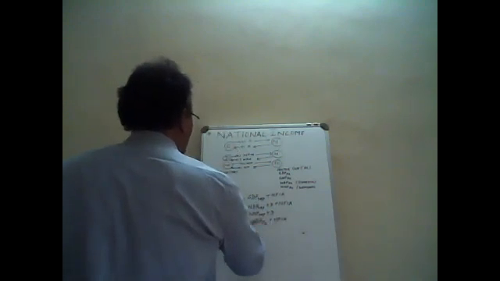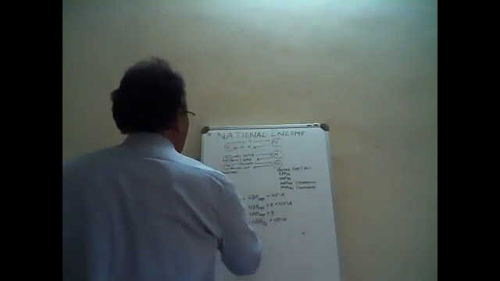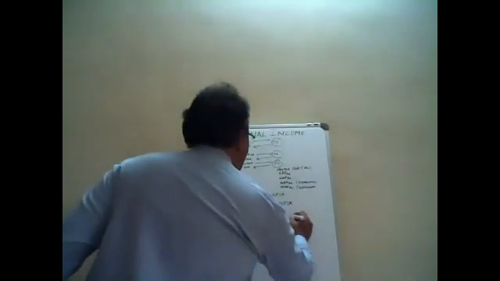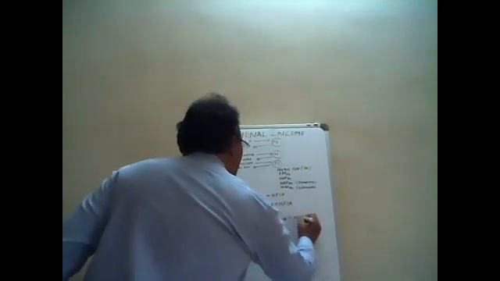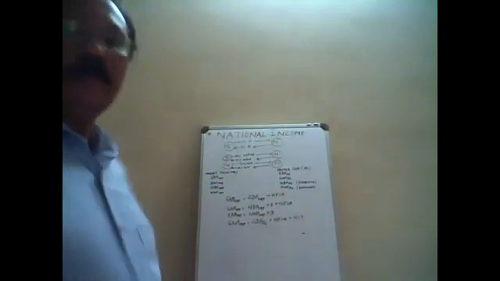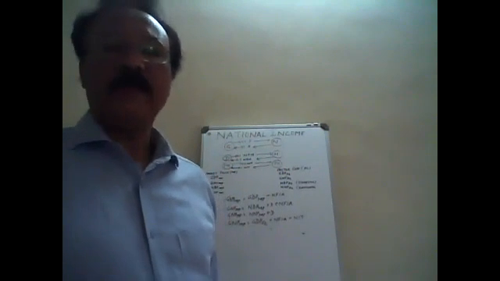The rest is factor cost to market price. Factor cost to market price, we will add NIT, net indirect taxes.